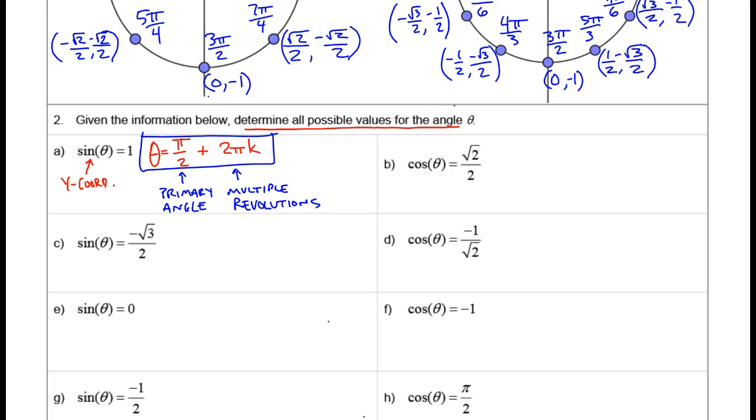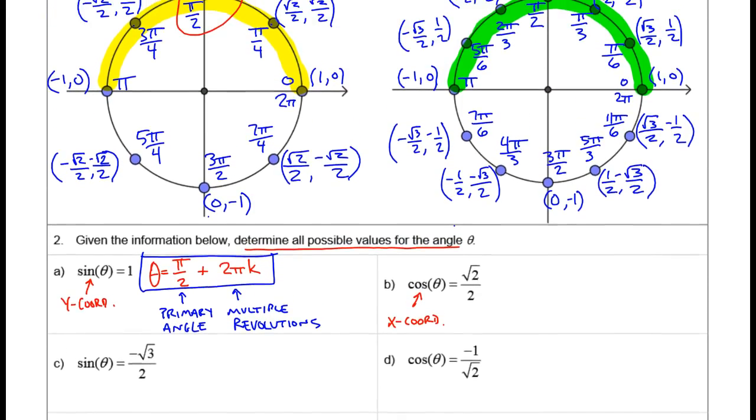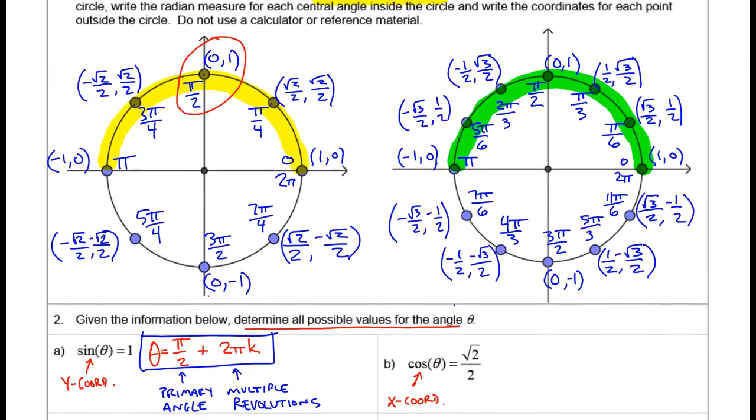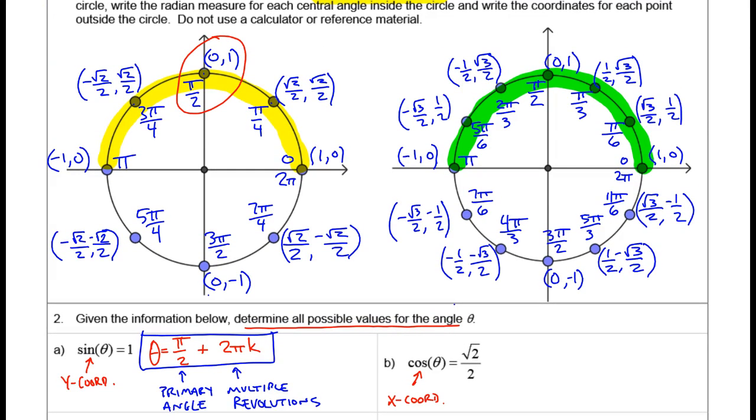We have cosine theta equals root 2 over 2. Remember, cosine is our x-coordinate for points on the unit circle. So let's take a look back up there and see where we have an x-coordinate of root 2 over 2. It looks like that occurs here at pi over 4, but it also occurs down here at 7 pi over 4.